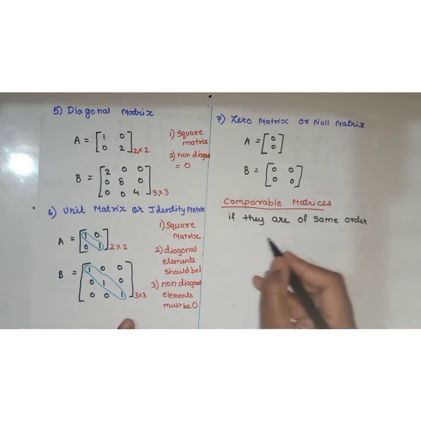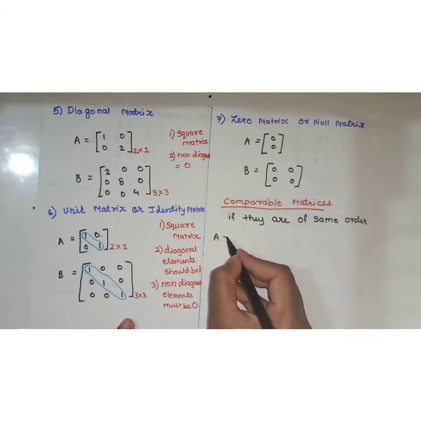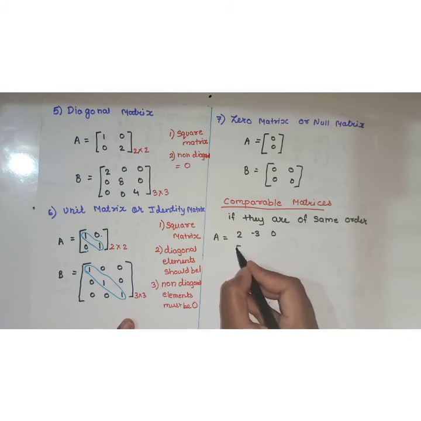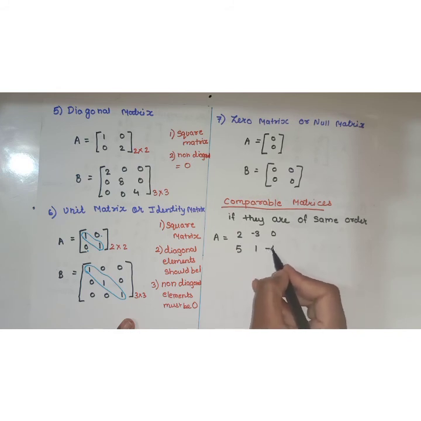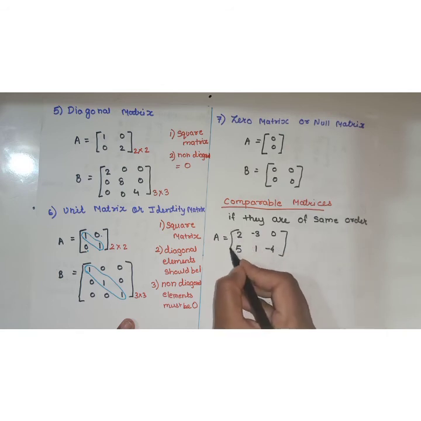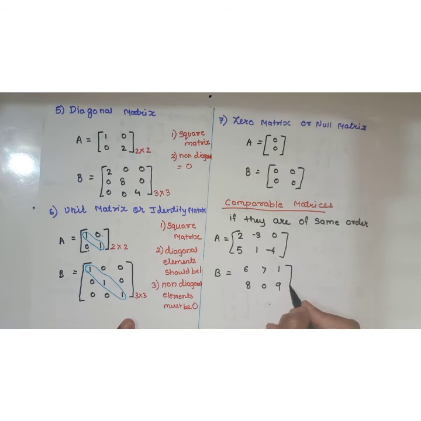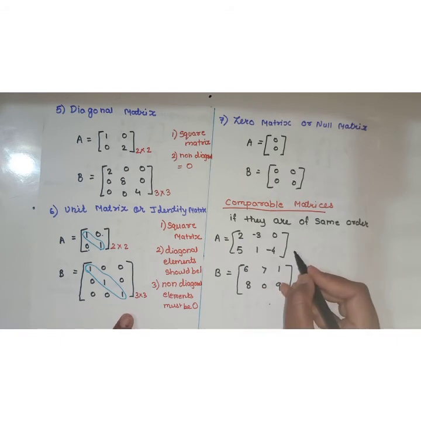For example, A equals 2, minus 3, 0, 5, 1 and minus 4, and B equals 6, 7, 1, 8, 0, 9. The order of both these matrices is what?